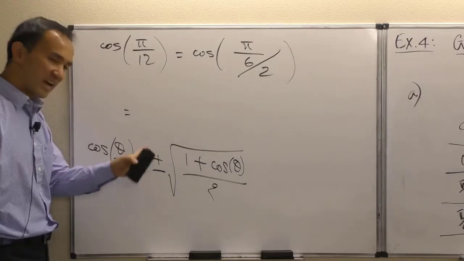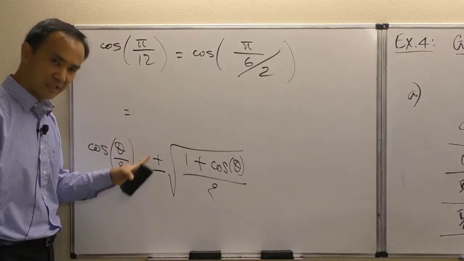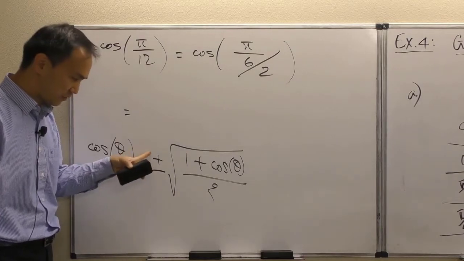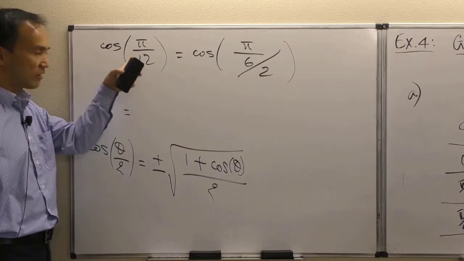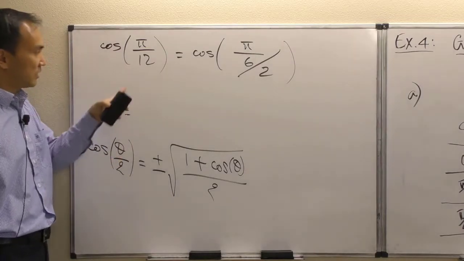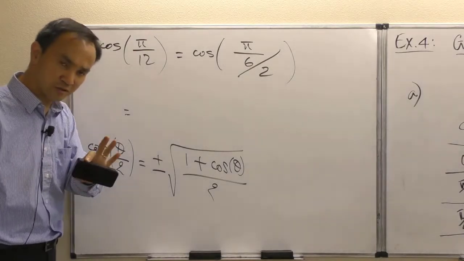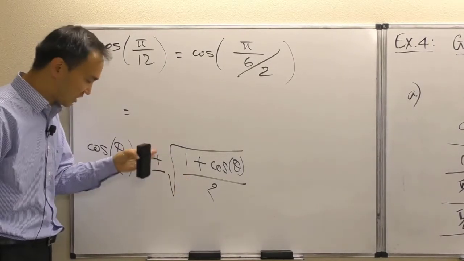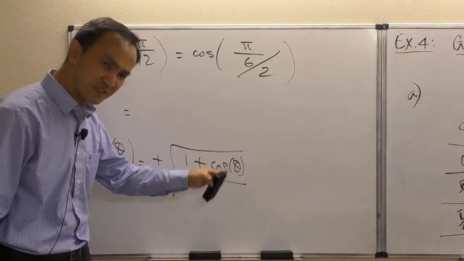So this is the half angle formula for cosine. There are two versions, plus or minus. We will choose a plus here simply because our theta over 2 angle is in the first quadrant. So we just have to know whatever quadrant that is, to decide to use the proper formula.